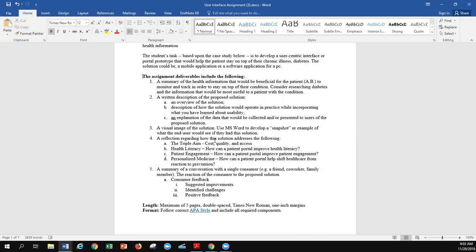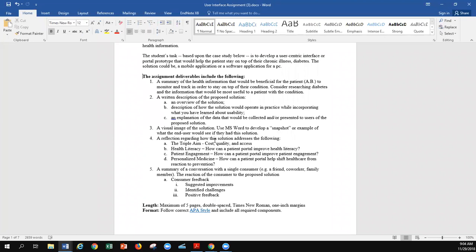And then maybe consider also the interfacing or the kind of data dump back into, say, the primary care physician's EHR or their portal, or however you want that to work. And then also provide an explanation of the data that would be collected and presented to users of the proposed solution, okay?